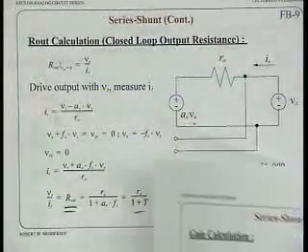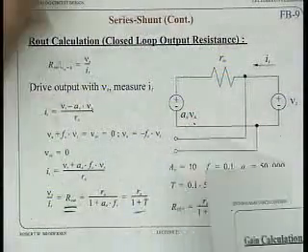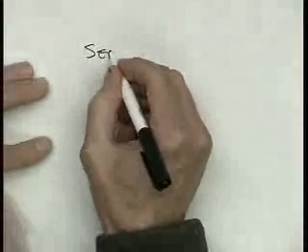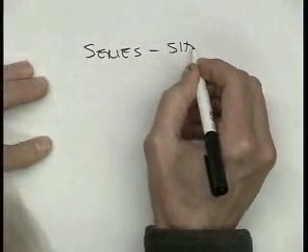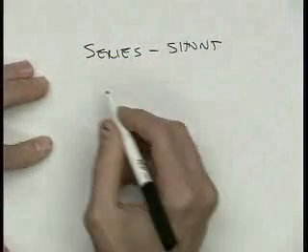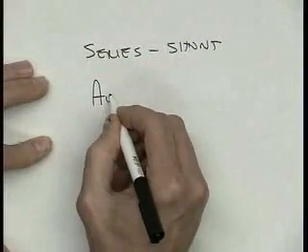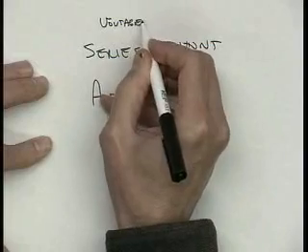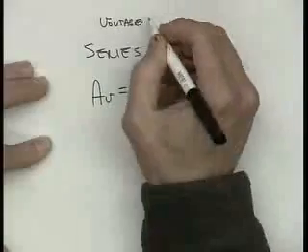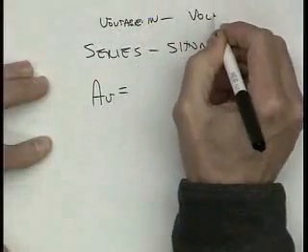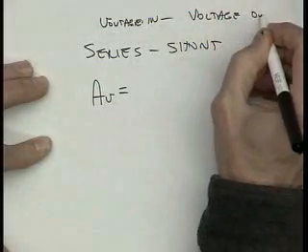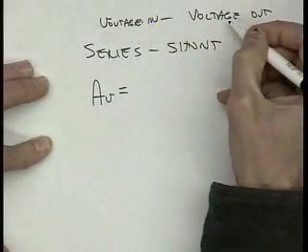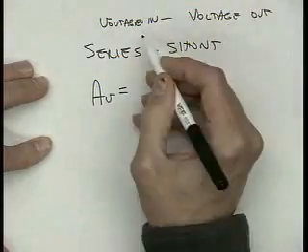So there are the formulas. Let me summarize the three formulas for series shunt. The type of feedback is the type of input you have, and you sense the output, so it's voltage in, voltage out.